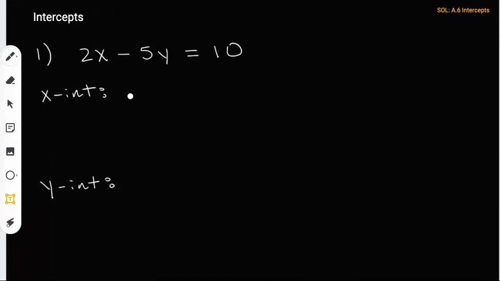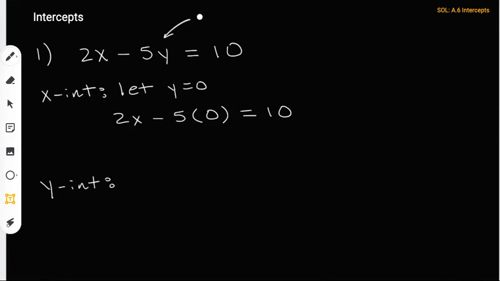So for the x-intercept, we're going to let y be 0. So that means when I rewrite this equation, I'm going to have 2x minus 5 times 0 equals 10. So I kept everything the same about this equation, except I let this y equal 0.